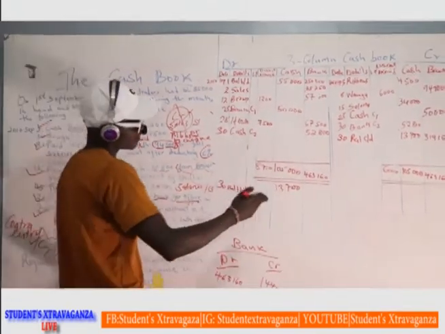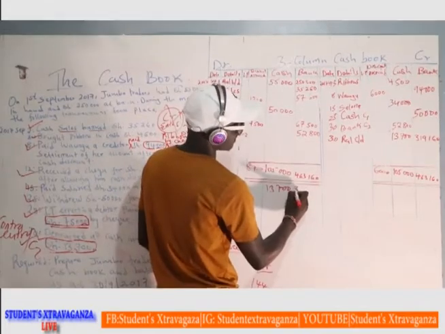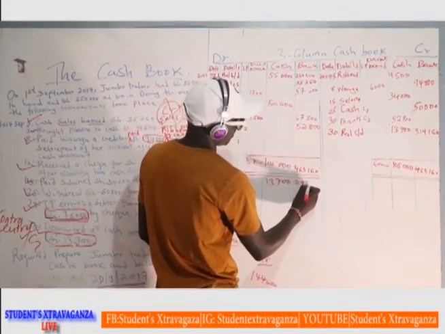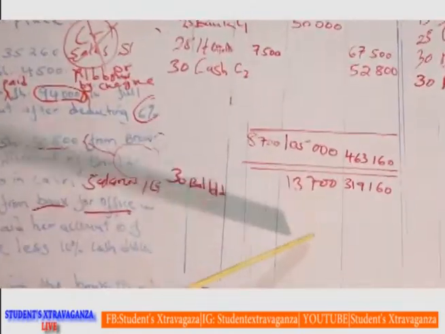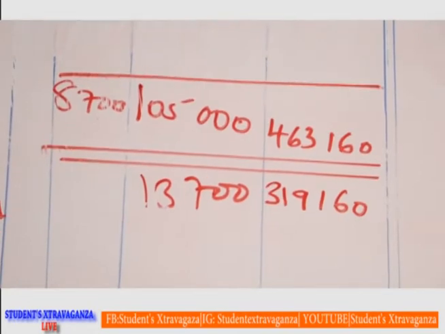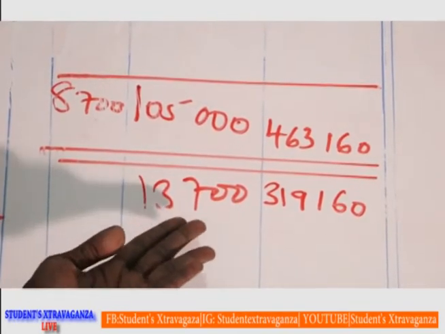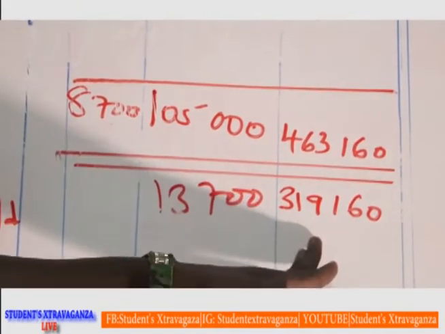Then on the bank side, balance brought down is 319,160. So these are our balances in the next financial year. We are having cash in hand of 13,700 and the bank is 319,160.